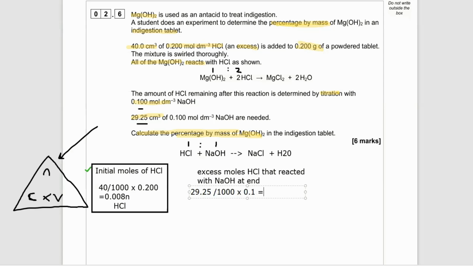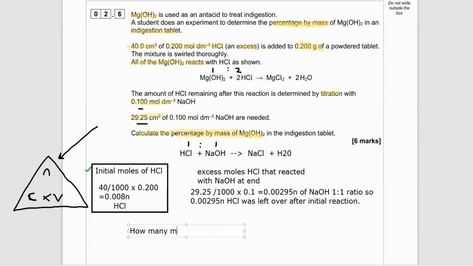We do 29.25, divide it by 1,000, and times it by 0.1. These are our moles of sodium hydroxide, and we get 0.00295 moles of sodium hydroxide were titrated. Now we know it reacts in a 1-to-1 with HCl, so that means that there must have been 0.00295 moles of HCl left over after that initial reaction when it was in excess.